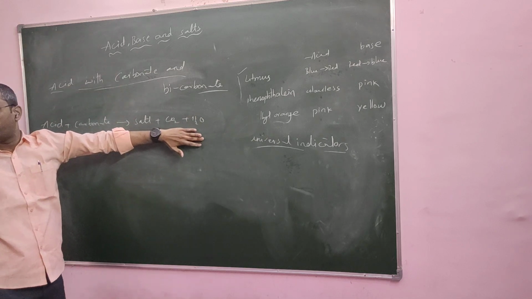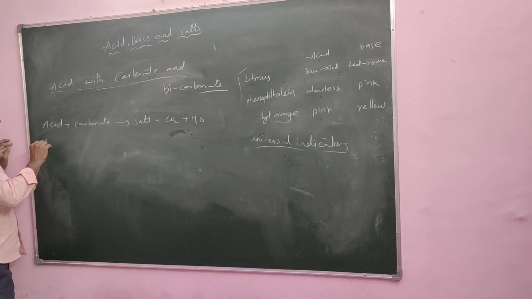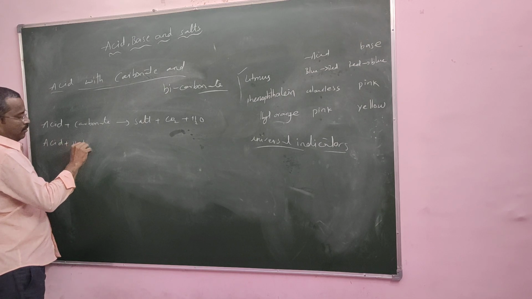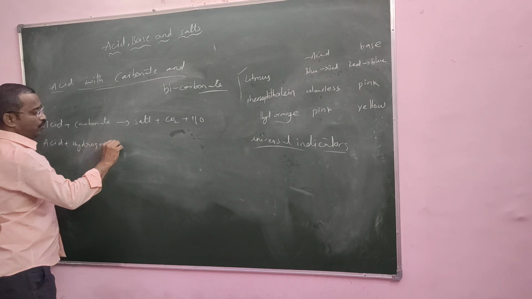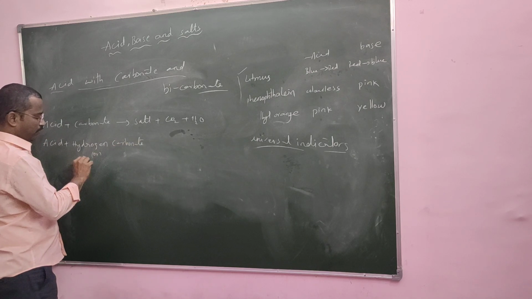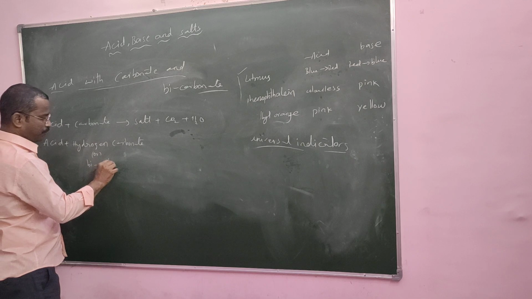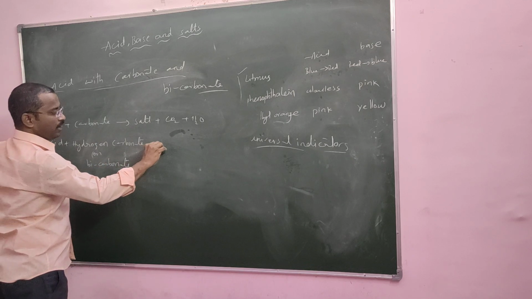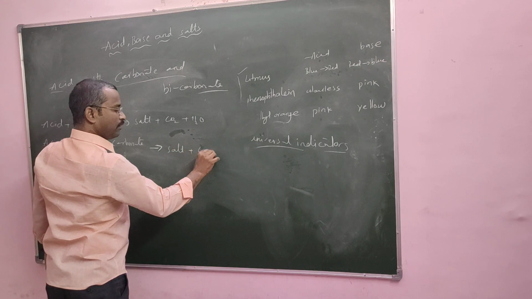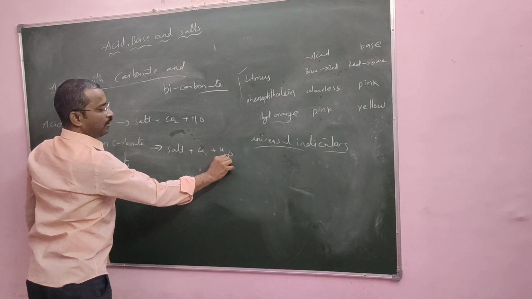These are the common products for all. And acid plus hydrogen carbonate, also called bicarbonate, gives rise to salt plus carbon dioxide plus H2O.